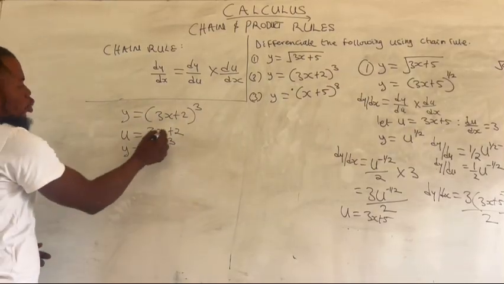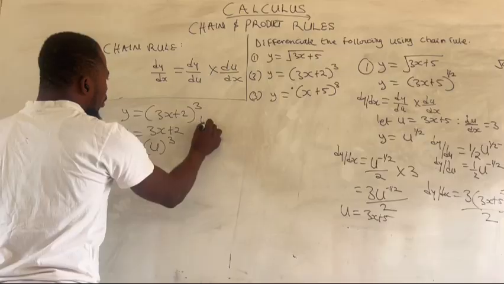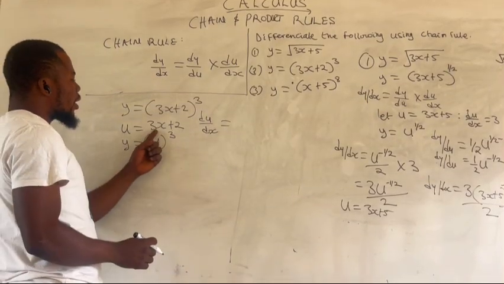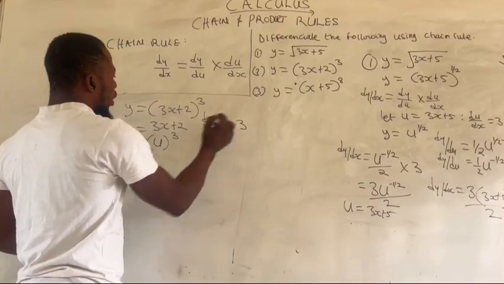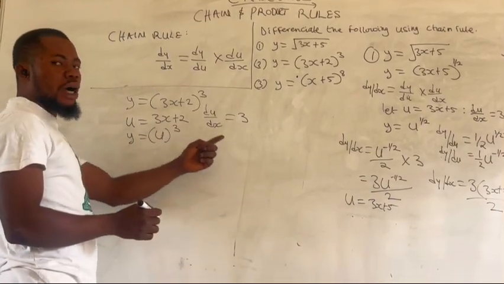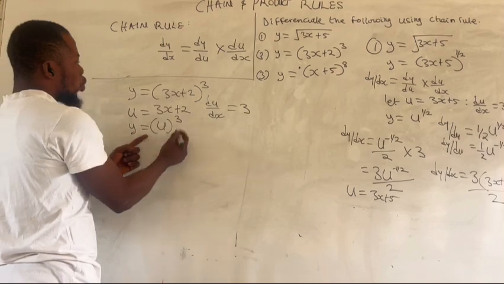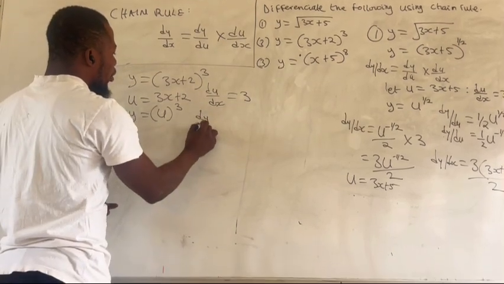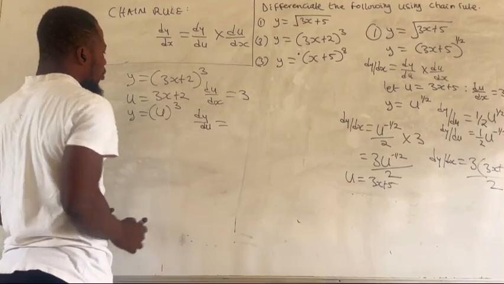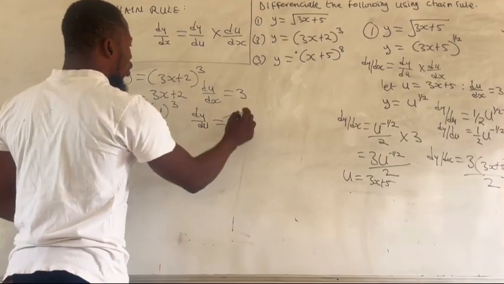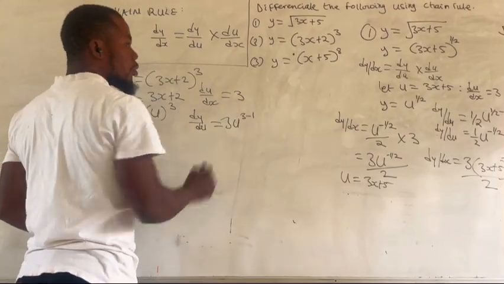Differentiating u with respect to x, du dx will now be equal to, if you differentiate 3x, you will have 3. If you differentiate any constant number, you have 0. We will differentiate y again with respect to u to give us dy du, which will now be equal to 3u raised to the power of 3 minus 1.